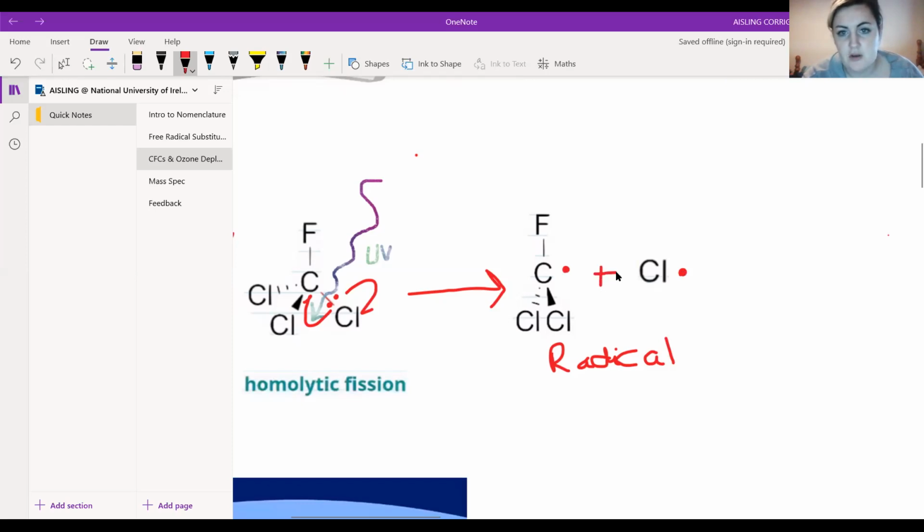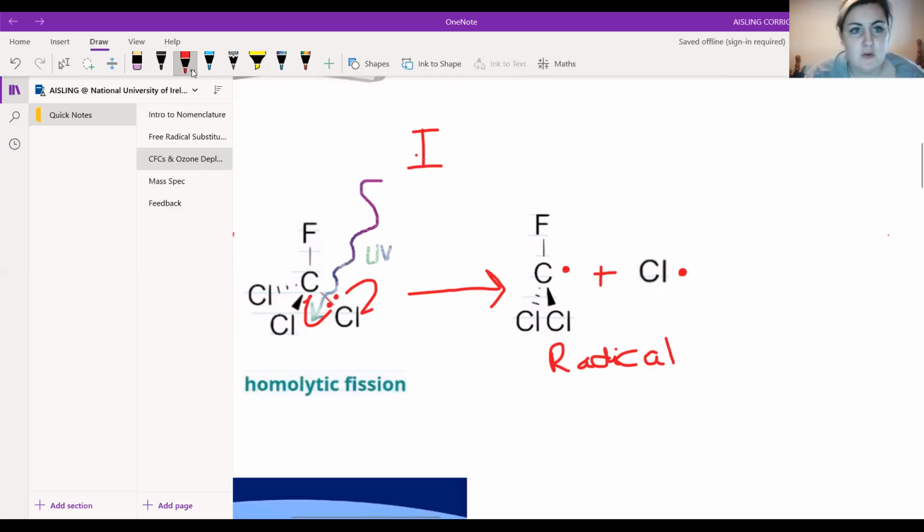You should be familiar with this very specific step in a free radical substitution reaction mechanism, where a very stable molecule has been broken up by UV light and split into two radicals. What's that called again? It's called initiation, the very first step of that important mechanism.